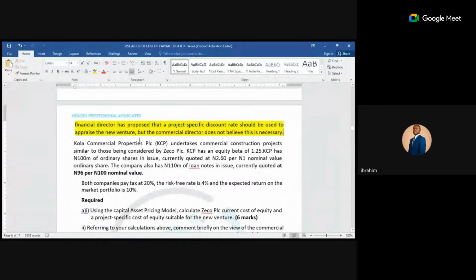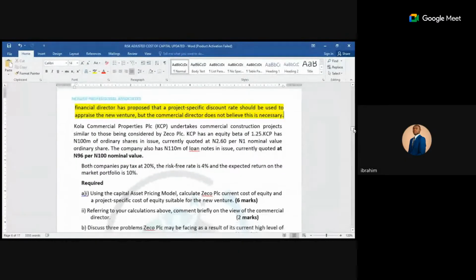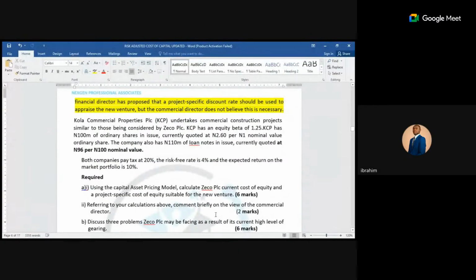But the commercial director does not believe this is necessary. This is just 2 marks. Is the view of the commercial director actually correct or wrong?